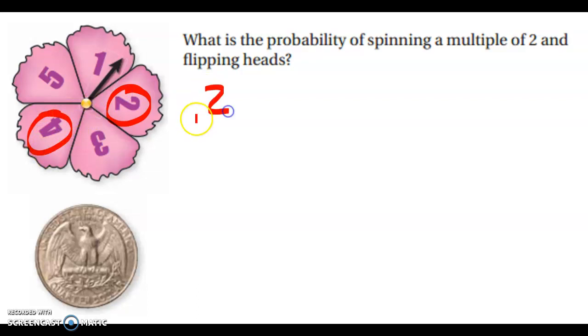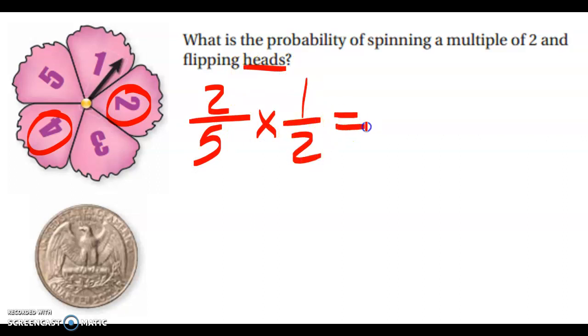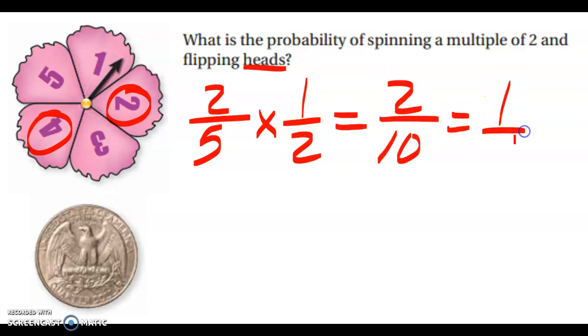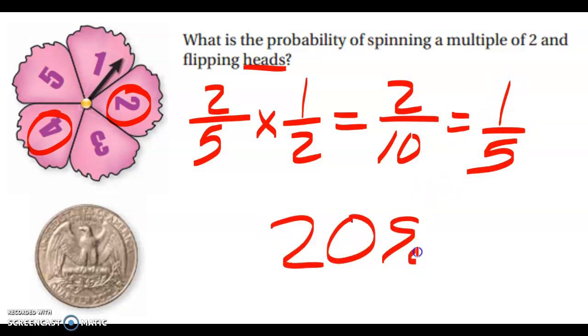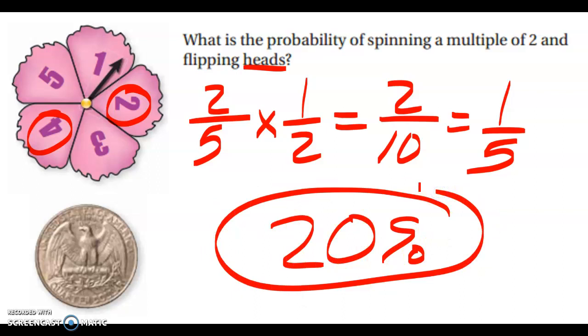So that would be 2 out of 5 times, and then flipping the heads is 1 out of 2. So that would be 2 out of 10, or 1 out of 5, which would be 20%. So you're just taking the probability of each event and then multiplying them together.